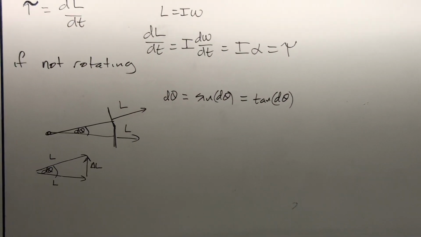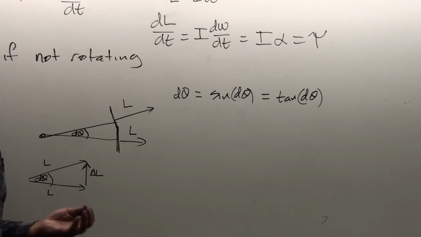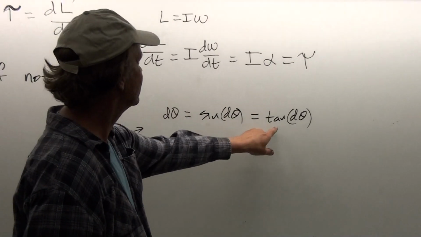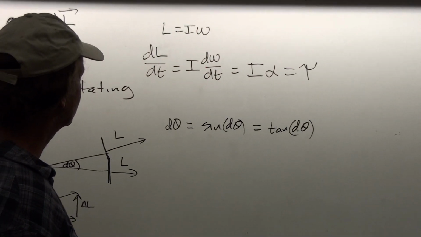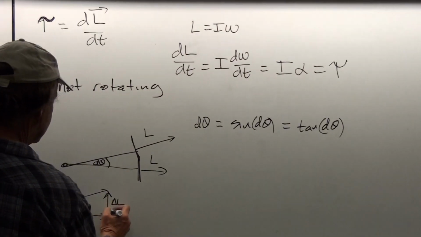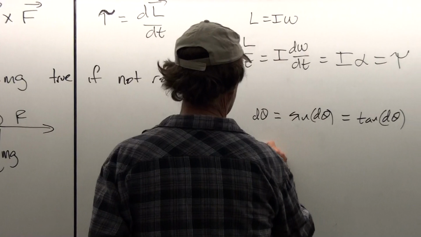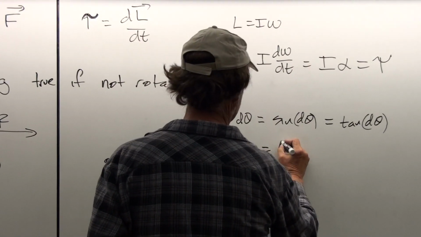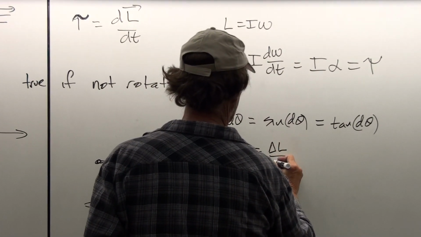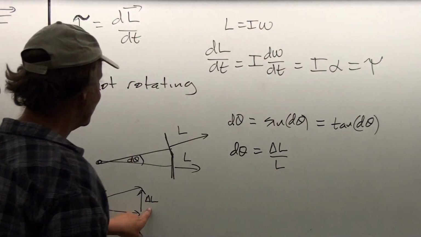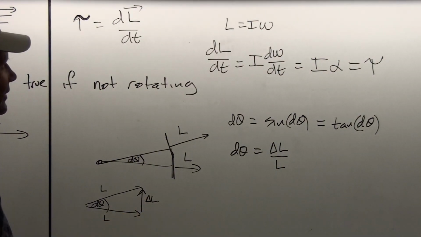By definition, it's the smallest theta you could ever get, right? So the sine and the tangent approximation are also valid. So let's use the tangent approximation here. That gives us d theta is equal to delta L over L. Or actually, this is really dL, if we want to think of it that way.